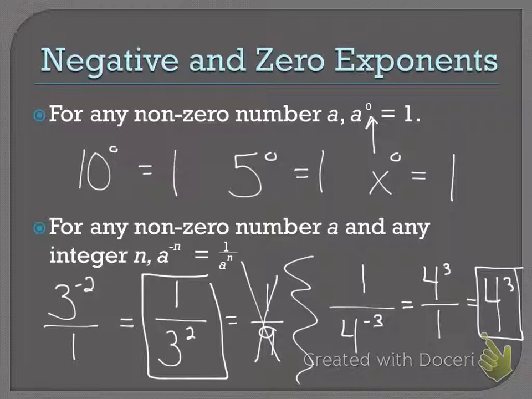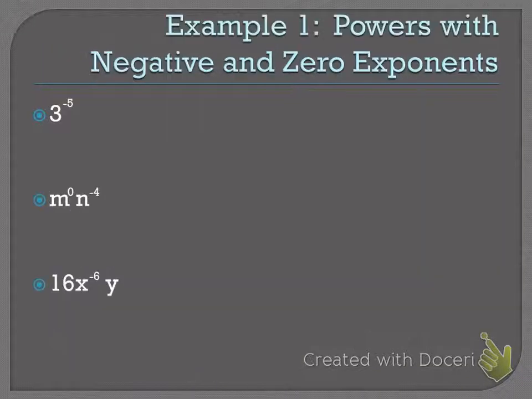Now, moving into example 1. In example 1, we're dealing with powers that have negative and zero exponents. So 3 to the negative fifth power. Again, in your notes, I want you to write 3 to the negative fifth power, and I can make it a fraction over 1.